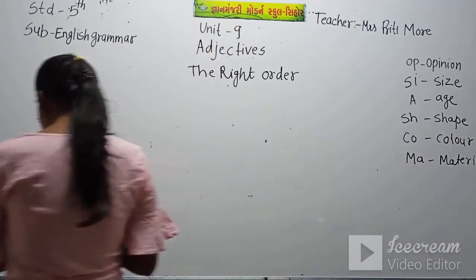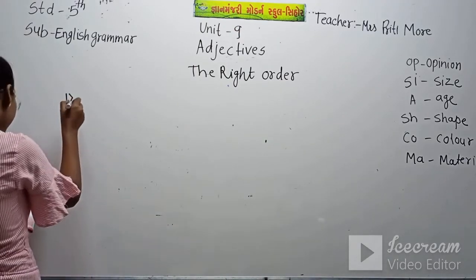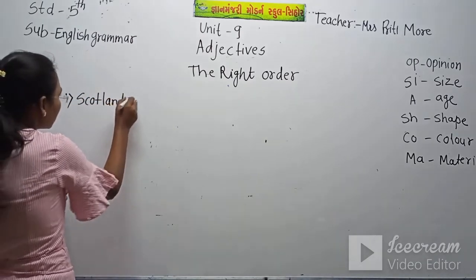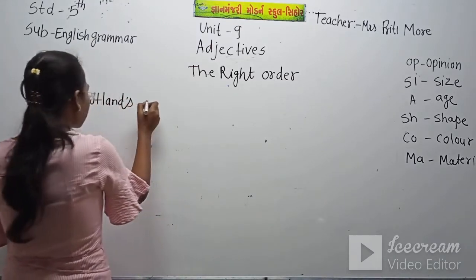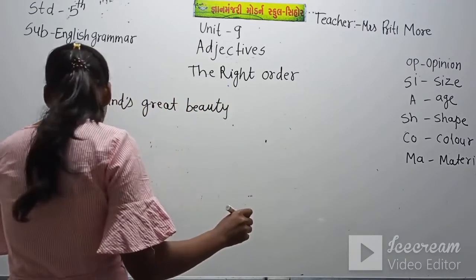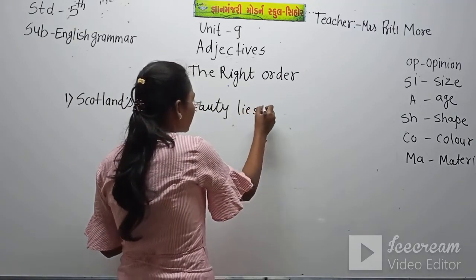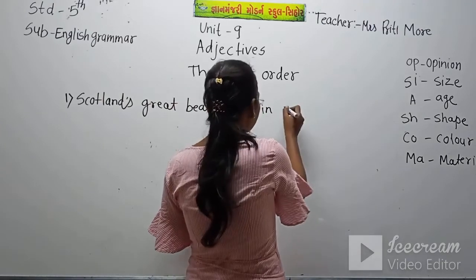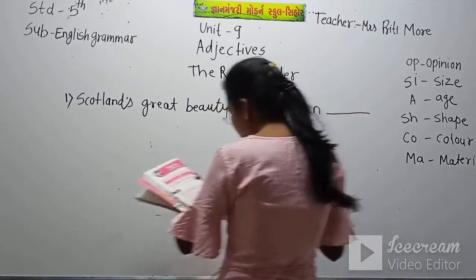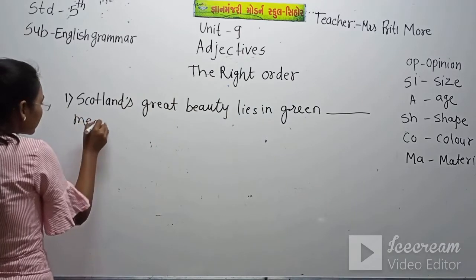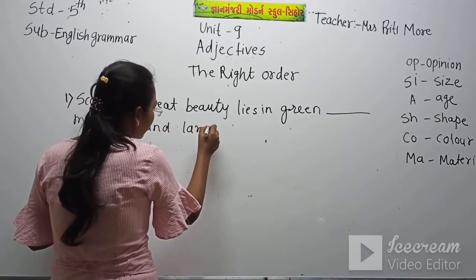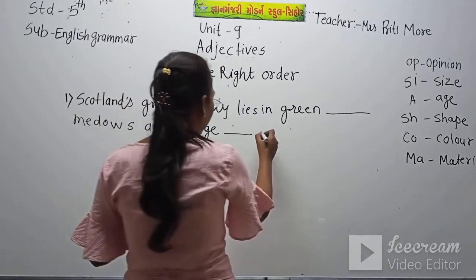Now let's write the first sentence. Scotland's great beauty lies in green, blank space, meadows, and large, blank space, mountains.